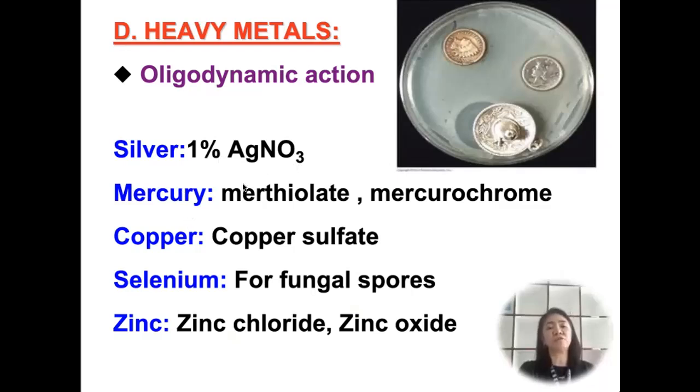And you have mercury in the form of merthiolate or mercurochrome. No? Ngayon, ginagamit na natin pang manicure, pedicure, para pink-pink. Okay, and then of course, copper sulfate, your selenium, no? Selenium sulfide, which is actually used to destroy fungal spores. And then zinc, no? In the form of zinc chloride or zinc oxide.